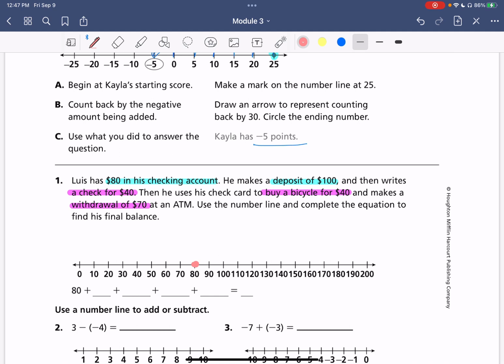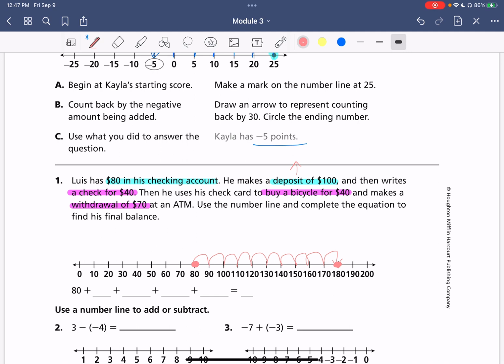And how many jumps do I need to make to do a deposit? So we're going up, a deposit of $100. So we're counting by tens. We go 10, 20, 30, 40, 50, 60, 70, 80, 90, and 100. So now we're at $180.